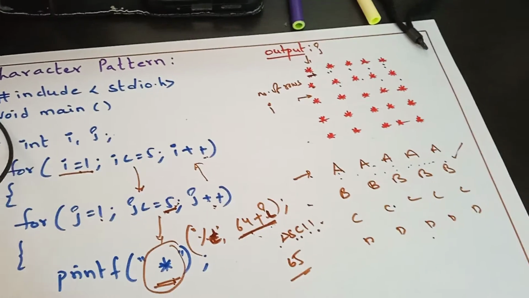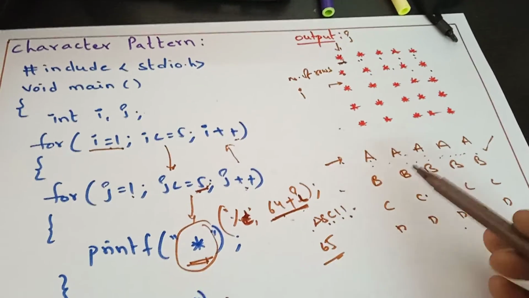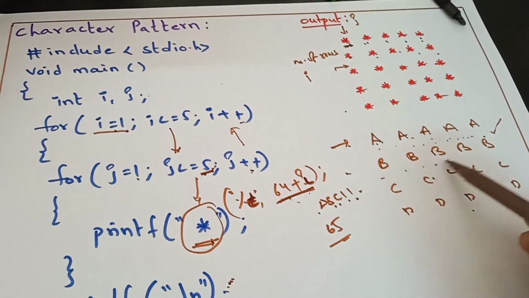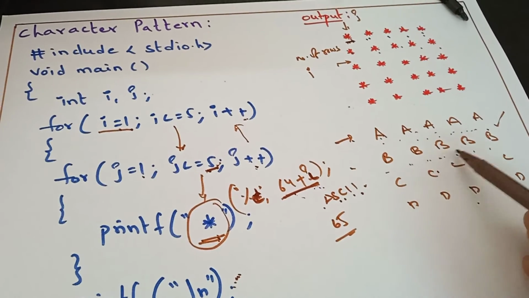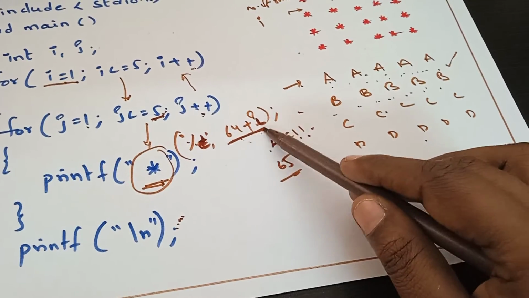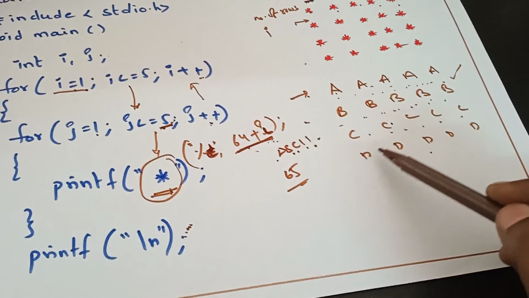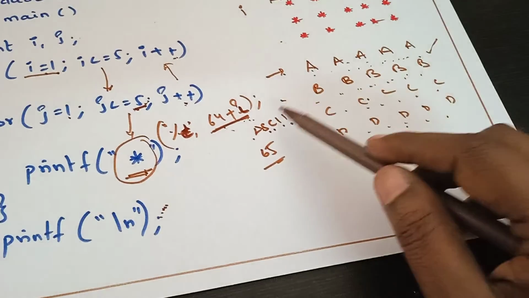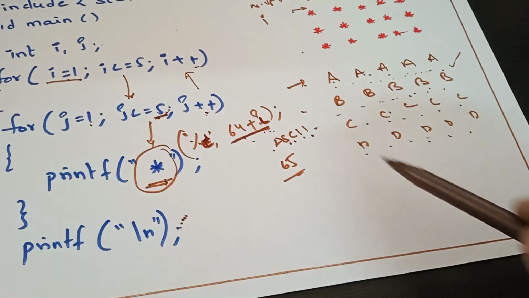When i value is updated to 2, the second row will get printed with 66. 66 means capital B. When i value is updated to 3, 64 plus 3 becomes 67, all C's. When i is 4, it becomes capital D. When i is the next value, it becomes capital E. So we can print this one.